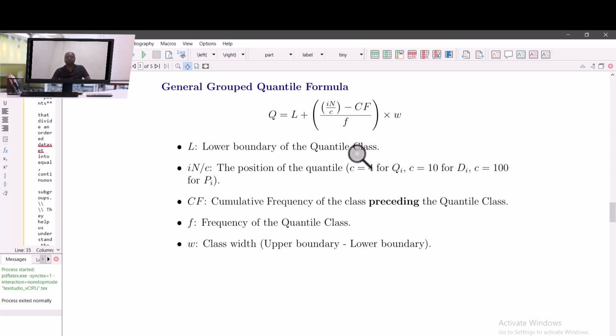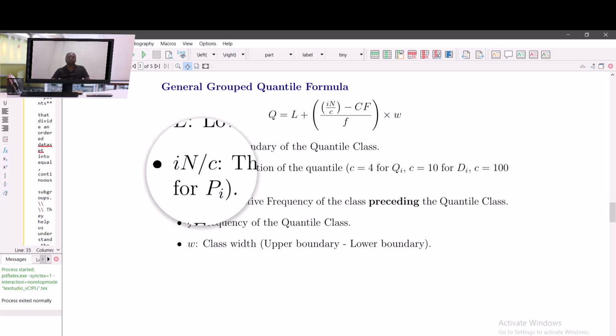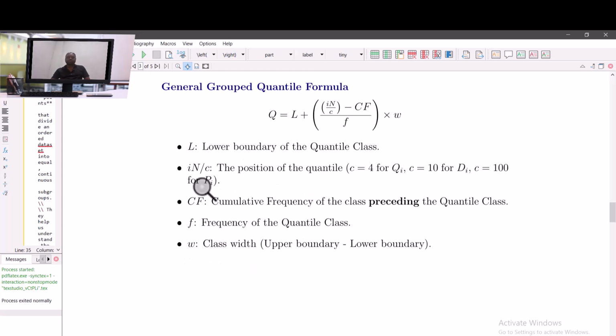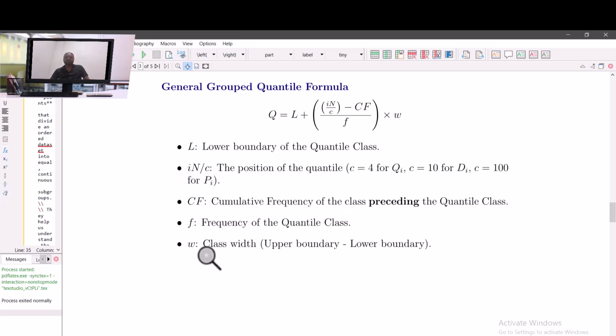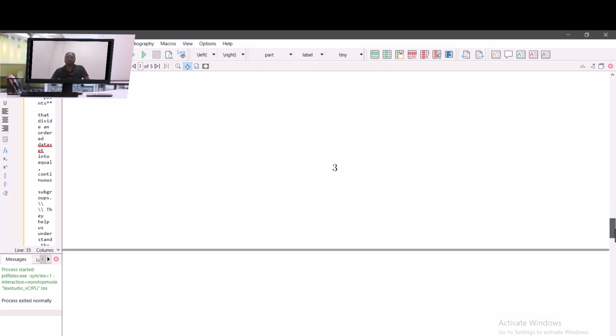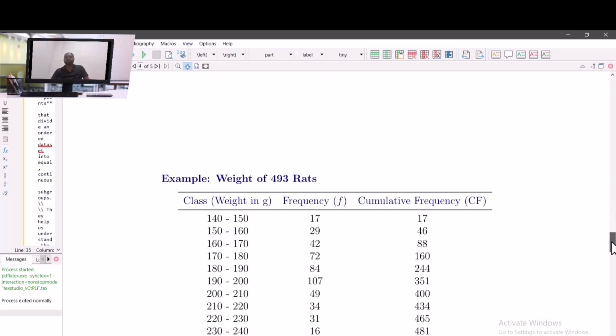CF is the cumulative frequency of the class preceding the quantile class. Once the quantile class is determined, everything becomes smooth. Then F is the frequency of the quantile class, and W is the class width. Then let us illustrate all these things using one example.